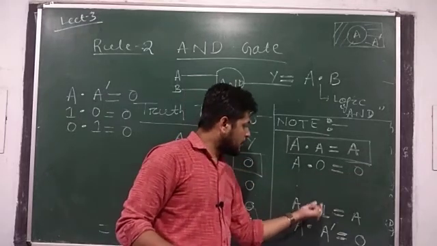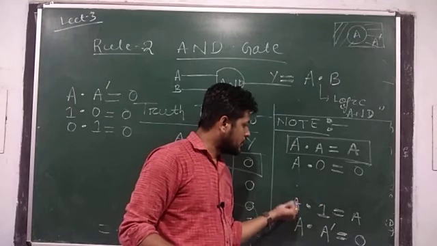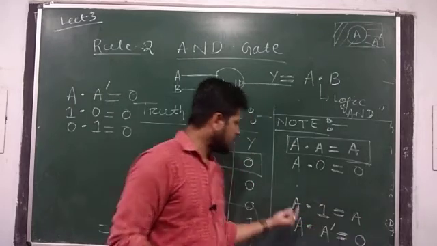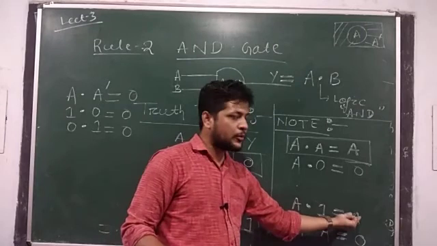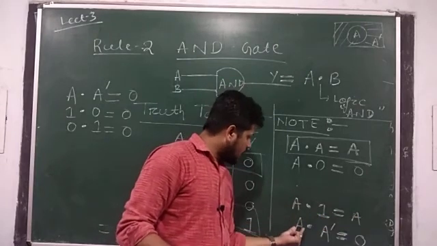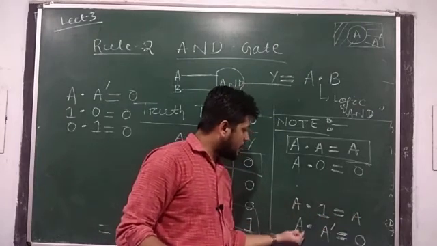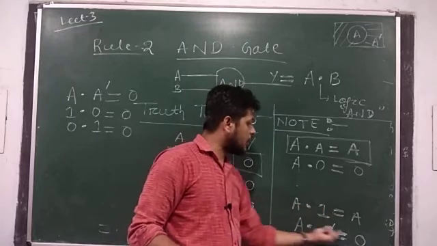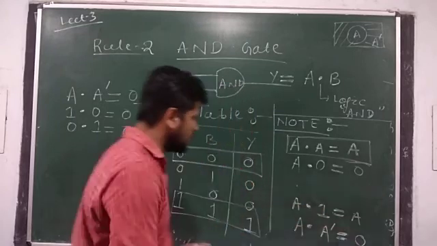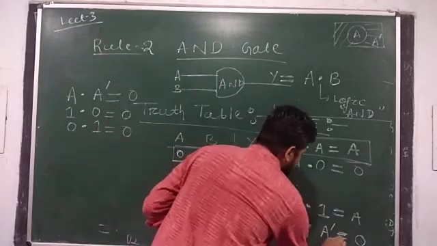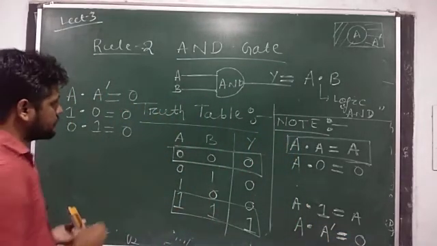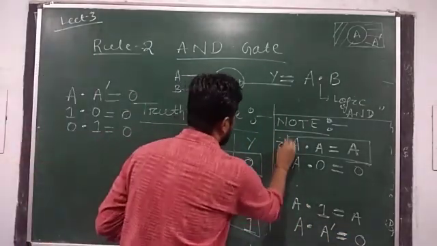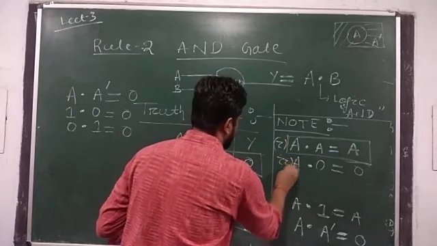If one of the inputs is 1 and another is a variable, the output will be that variable A. Here we can take B and 1, that means the output will be B. If one of the inputs is A and another is the complement of A, the output will always be equal to 0. Please note it down. These are all very important conclusions of the AND gate.